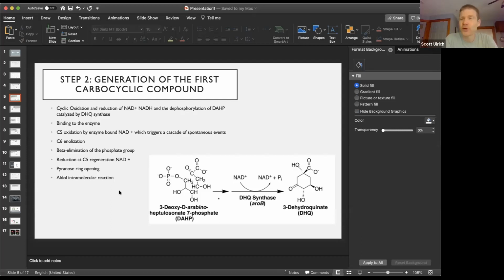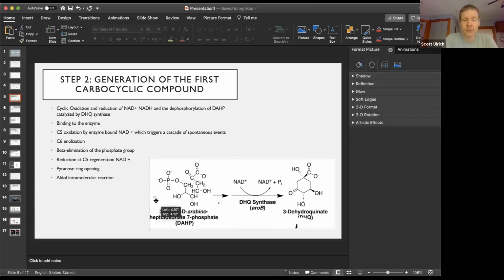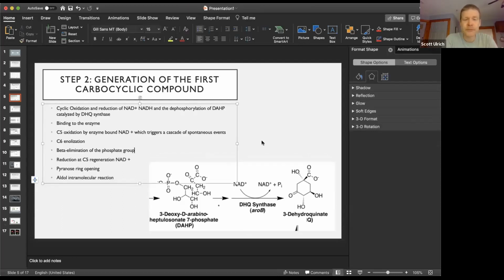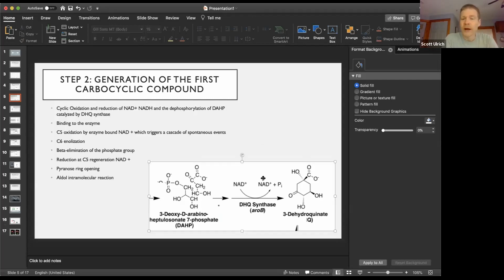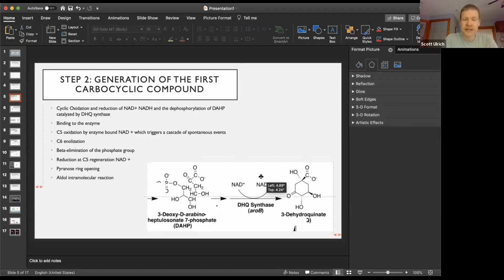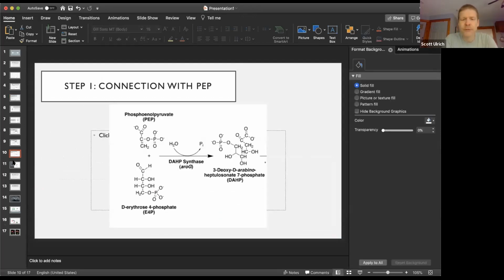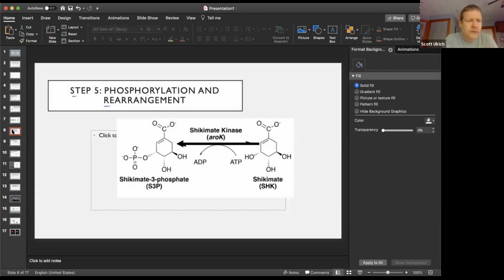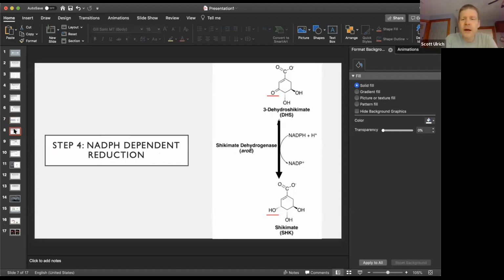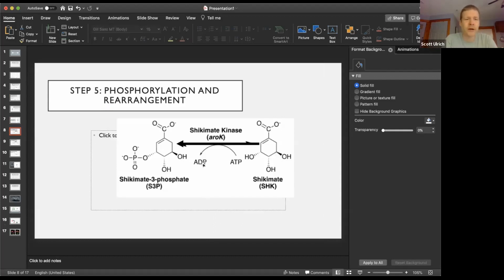But anyway, Lindsey, you'll get some exposure to metabolism, but the one enzyme in the pathway that I'm interested in is shikimate kinase, which is step 5. Shikimate phosphate would be the product. So shikimate kinase is the enzyme that puts that phosphate group on there.